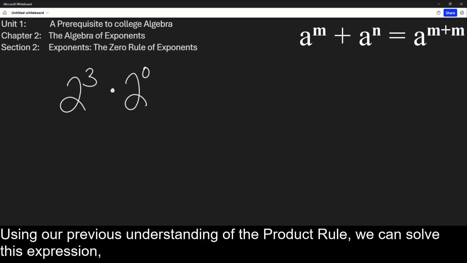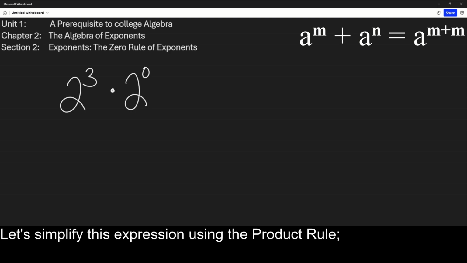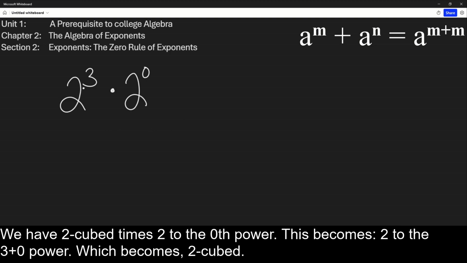Using our previous understanding of the product rule, we can solve this expression even though we couldn't solve 2 to the zeroth power by itself. Let's simplify this expression using the product rule. We have 2 cubed times 2 to the zeroth power.